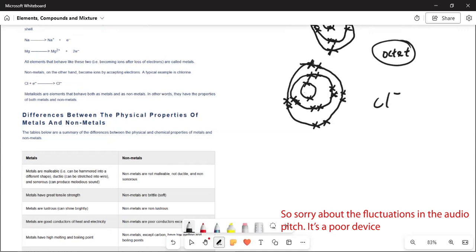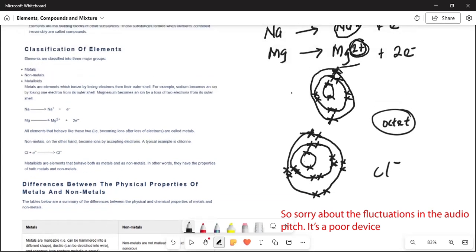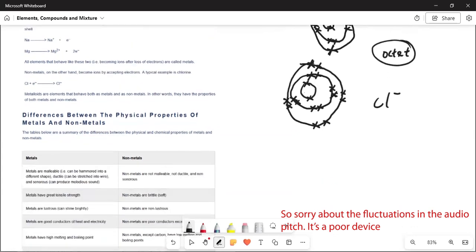There are 3 elements that behave like that, sharing the properties of metals and non-metals. We have silicon and we have germanium. They can behave as both metals or non-metals, and that is why we call them metalloids. Okay? So in summary, metals do what? They ionize by losing electrons, while non-metals ionize by gaining electrons.